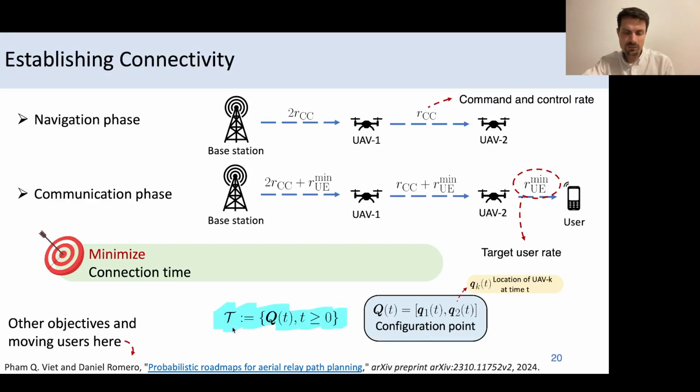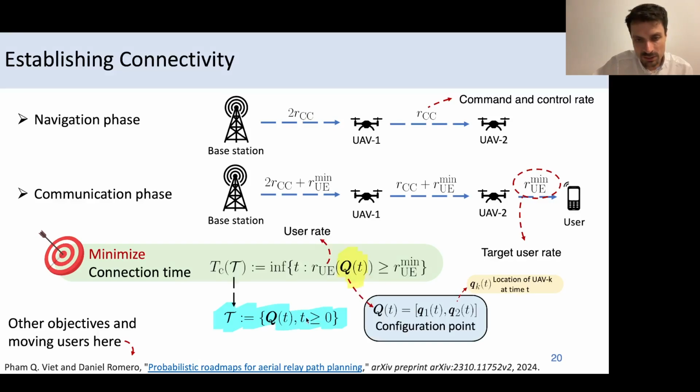And therefore a trajectory is nothing but the sequence of configuration points, right, that the UAVs adopt.